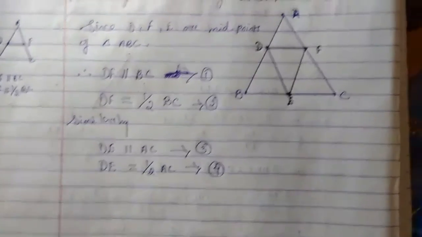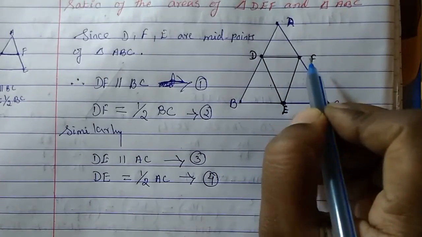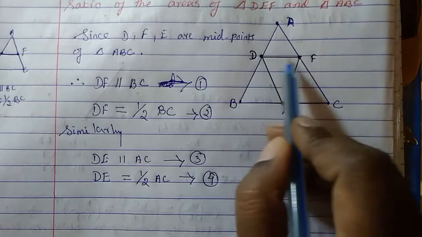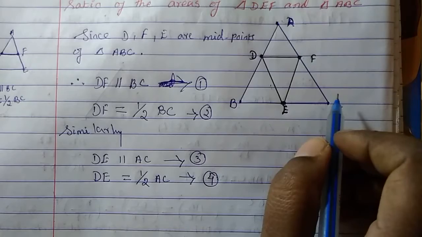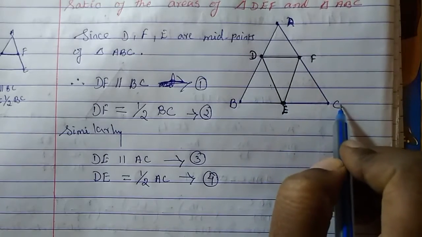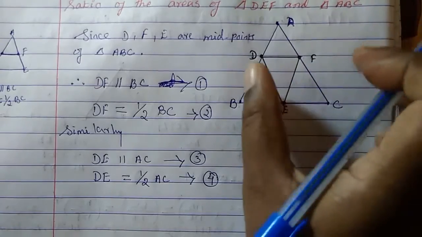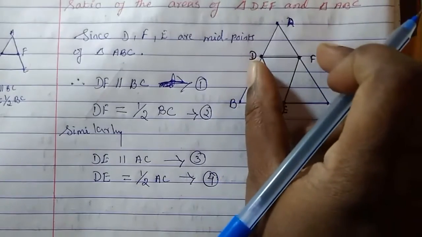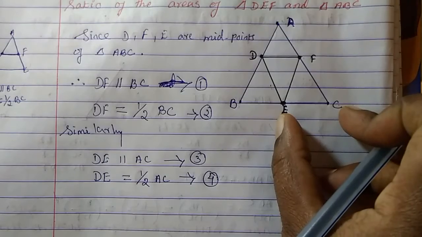Now you see, look at here, DF is parallel to BC we said, and DF also is half of BC. Now, if DF is parallel to BC, then can we say DF will also be parallel to EC?